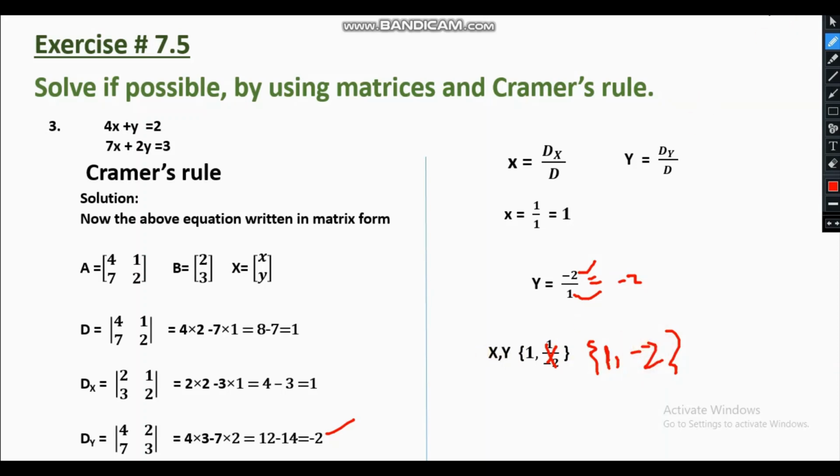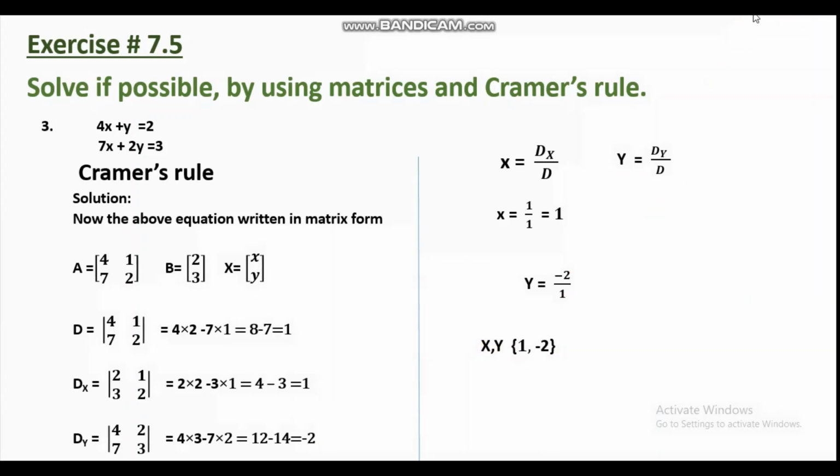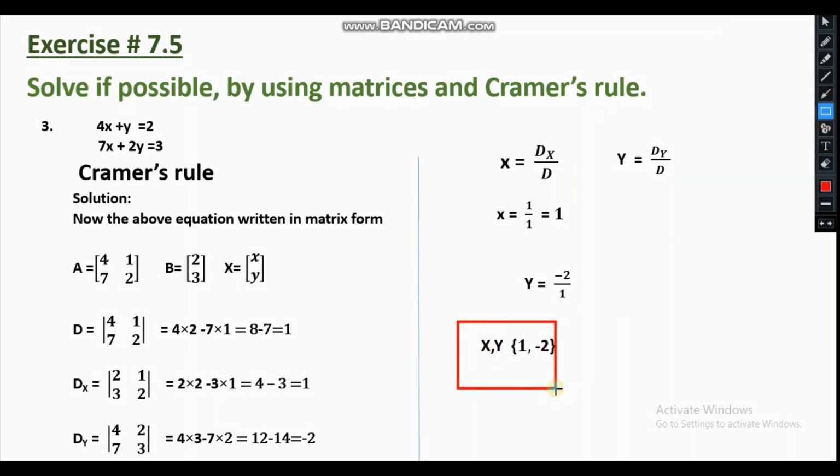So this is the Cramer's rule method. Now these are the values of x and y through Cramer's rule, which are also the same as the values of x and y by the matrices method.